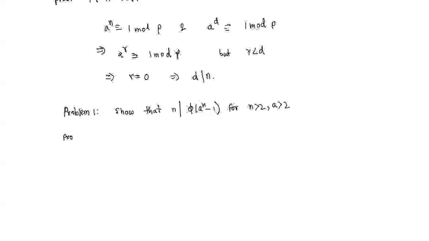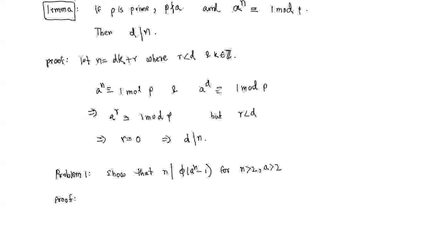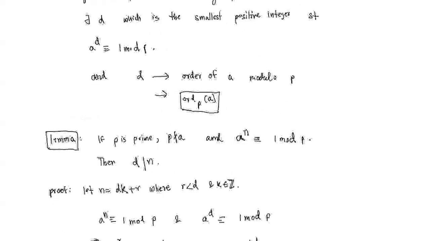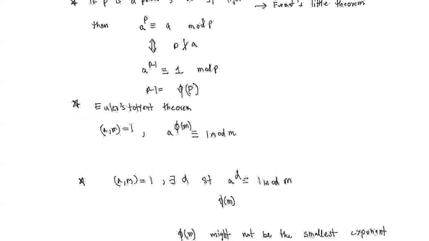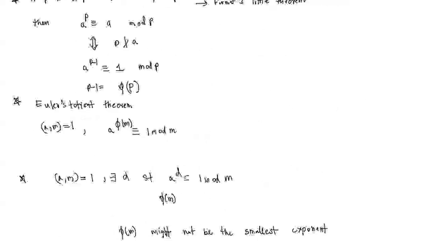Excuse me, can I please clarify something about the Euler totient function? Yes. Phi of x is the number of coprime numbers.